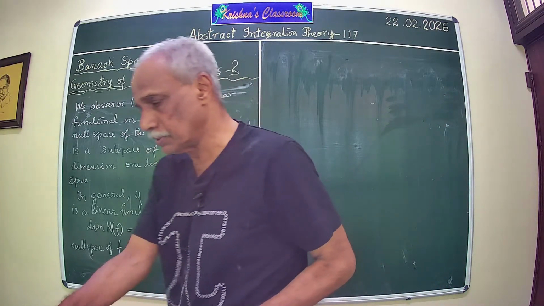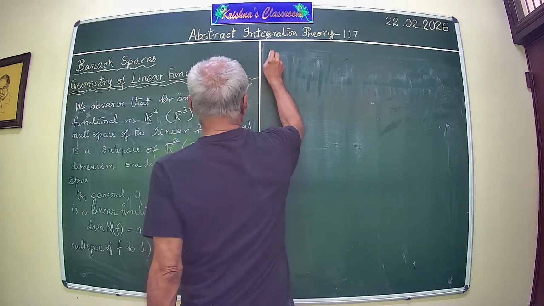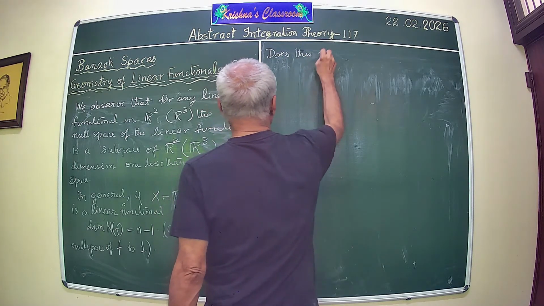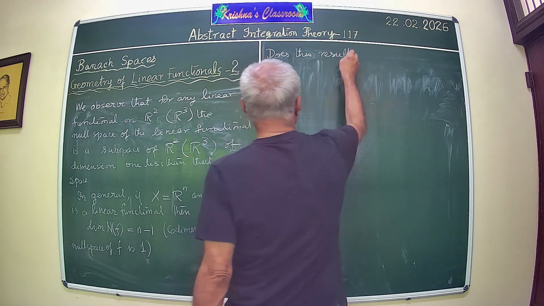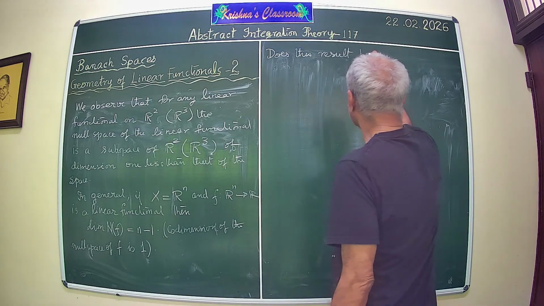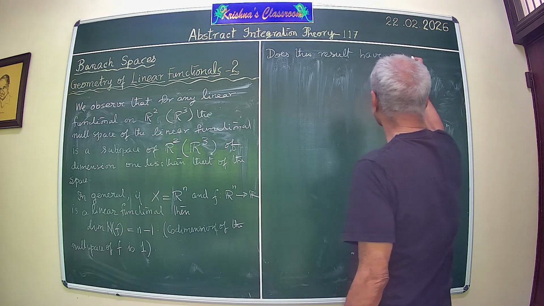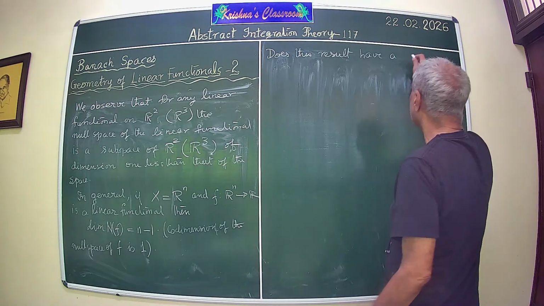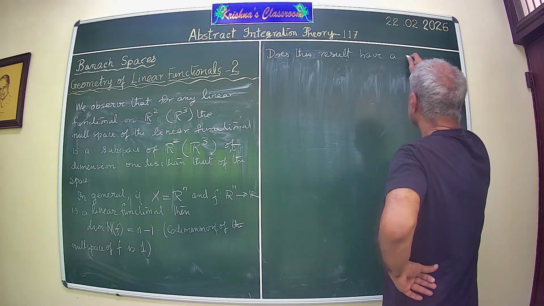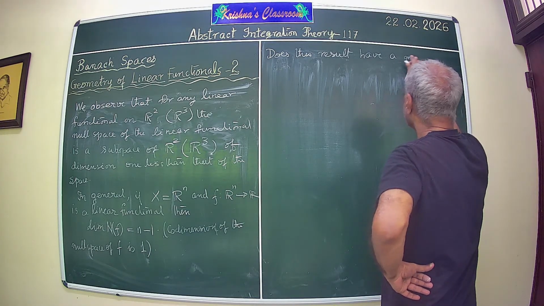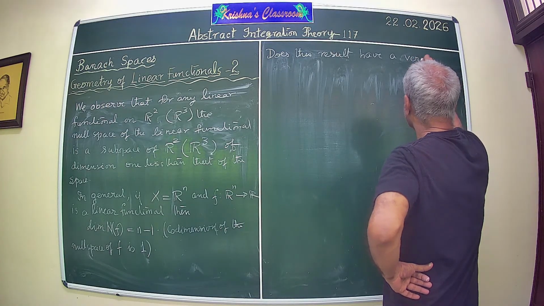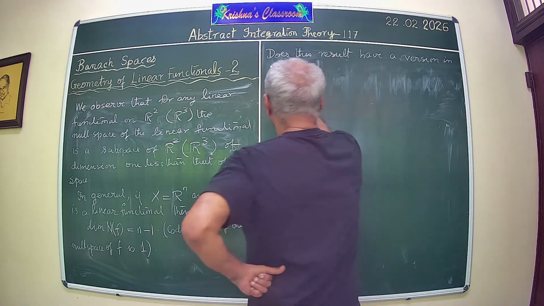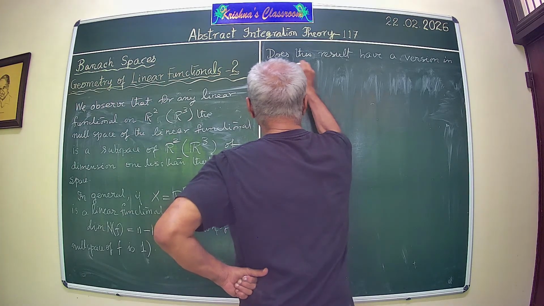Is it possible to have a codimension in infinite dimensions?